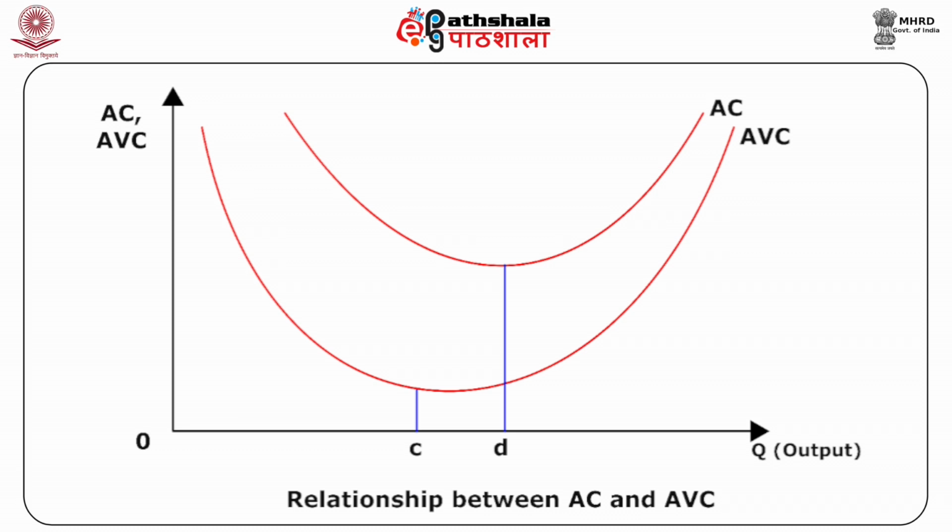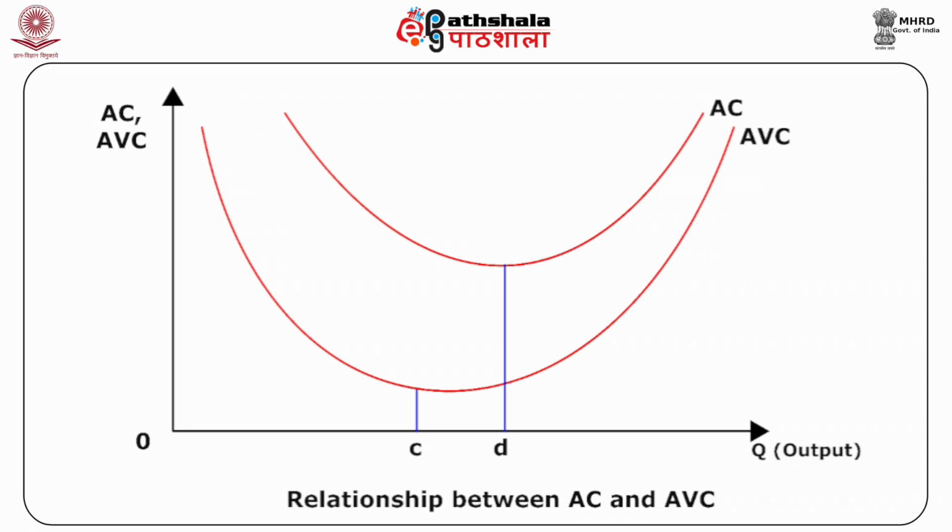After AVC attains its minimum point at B, corresponding to the quantity C1, the average variable cost begins to rise, and between C and D, the rate of fall in the AFC offsets the rising rate of AVC and results in a continuous fall in AC. At a certain level of output, AC also starts to rise, and so the gap between the two goes on declining.